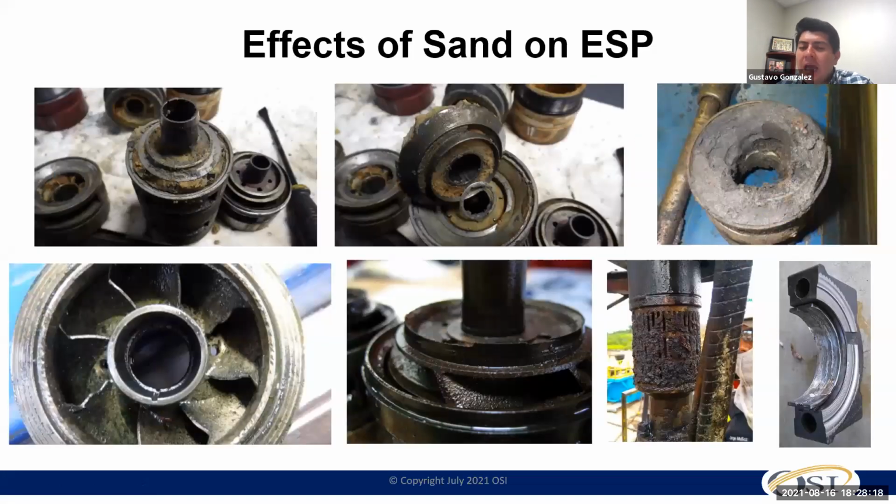I like to show this picture also so it gives you a better understanding of the problem, and of what I was mentioning before, how the sand behaves and what I'm going to see. This is the stages of my ESPs. It's totally plugged with sand.